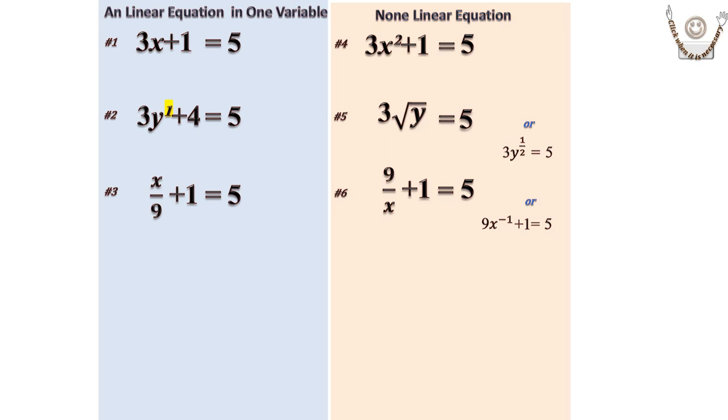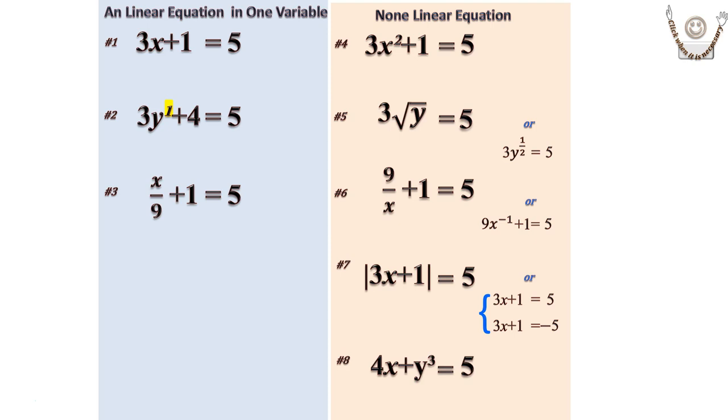In example number 7, you can see absolute value bars, so it's not a linear equation. And in example number 8, the exponent for the variable is 3, so it will be a cubic equation, and you can see two variables, x and y. So this is a cubic equation in two variables.